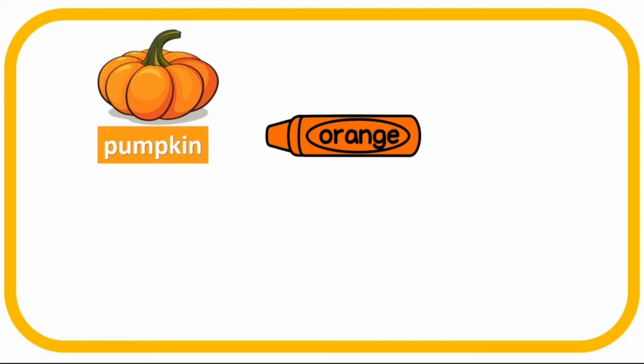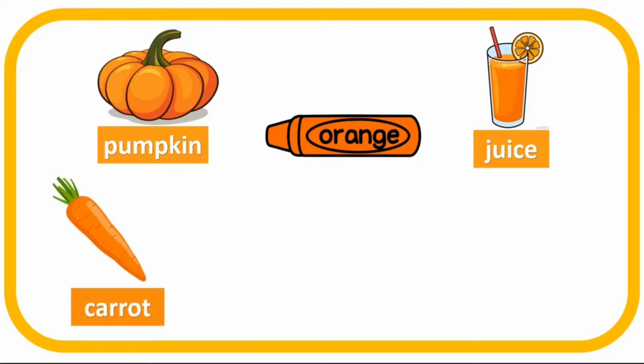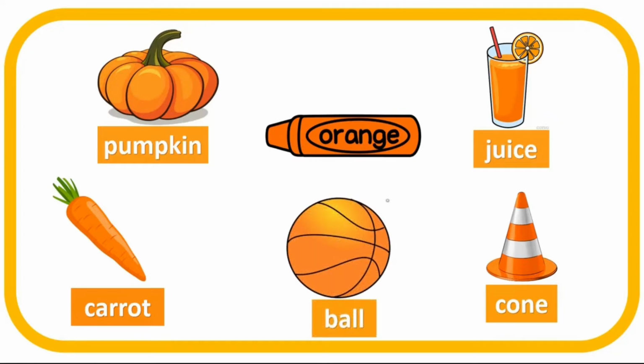Orange pumpkin, orange juice, orange carrot, orange cone, and orange ball. This is the color orange.